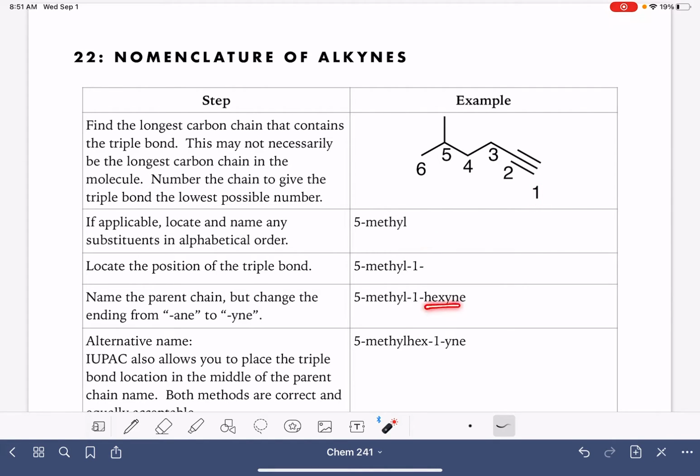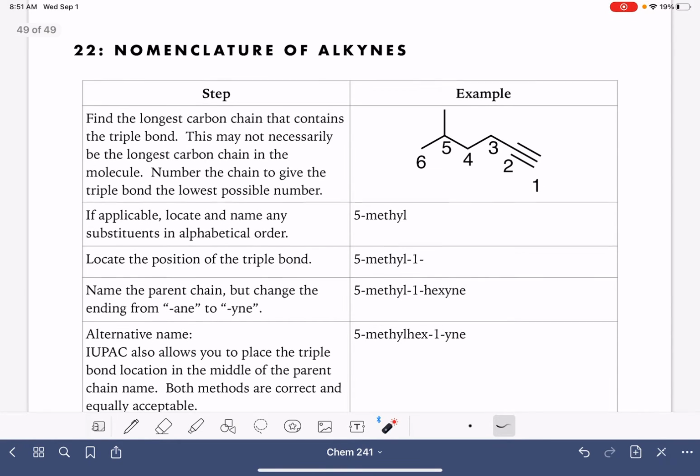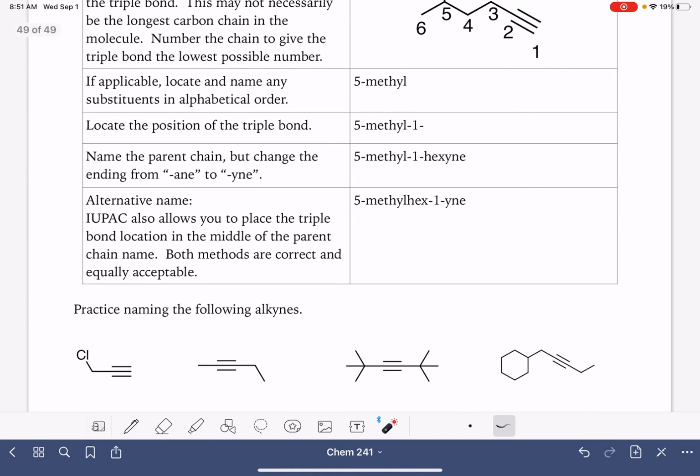And then we'll say the name of the parent chain, changing the ending of the name from ane to yne, Y-N-E. That's our notation to let us know that there's a triple bond present. And then the alternative numbering system allows you to put the location of the triple bond in the middle of the parent chain name. So hex-1-yne or 1-hexyne, whichever you would prefer. So this is just like with an alkene.